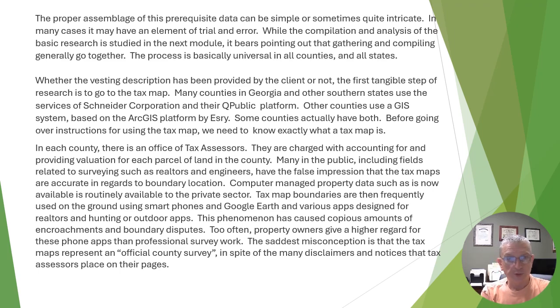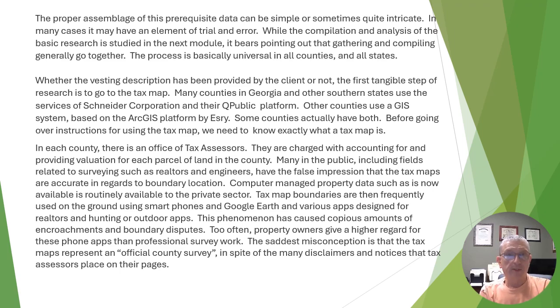Most people are familiar with QPublic. Most counties have a QPublic page where their tax maps and tax records are available. Other counties use a GIS system, usually based on ArcGIS, which is an ESRI product. Some counties actually have both. Cobb County, for example, which we will look at in more depth, has both.